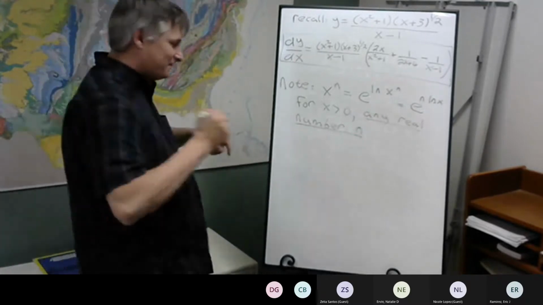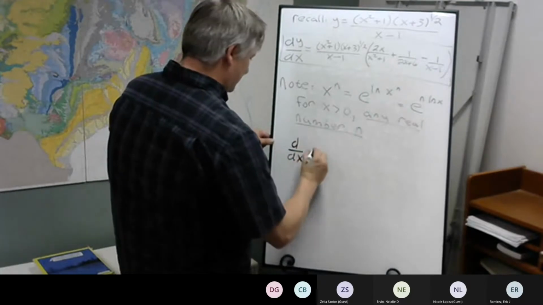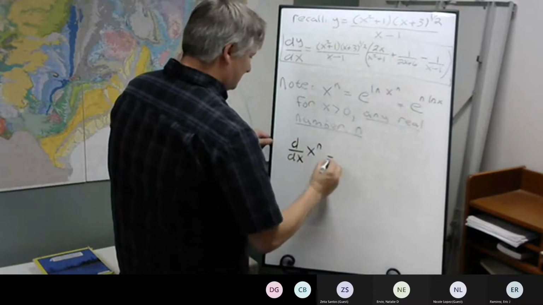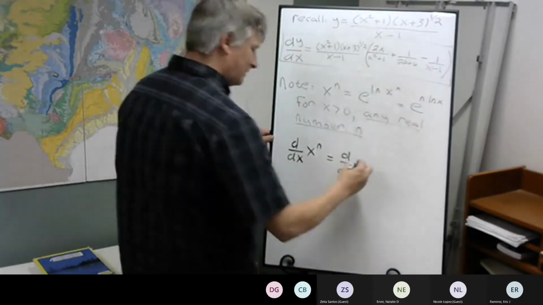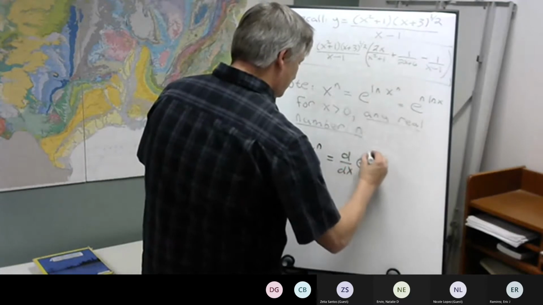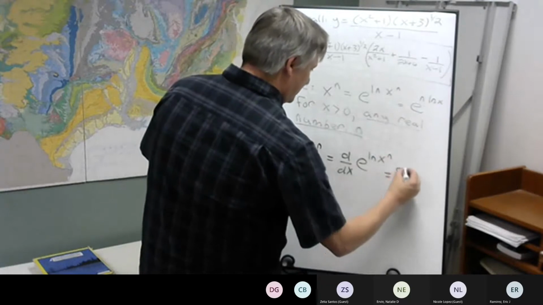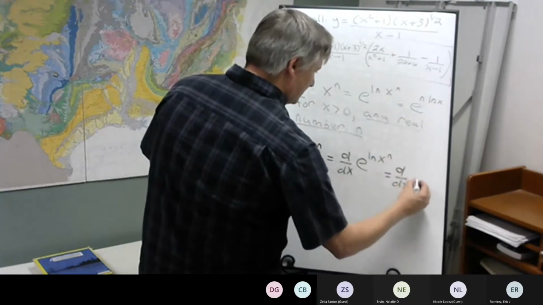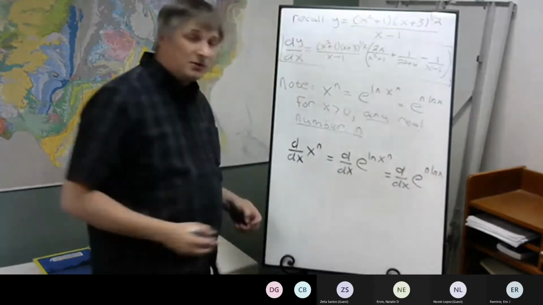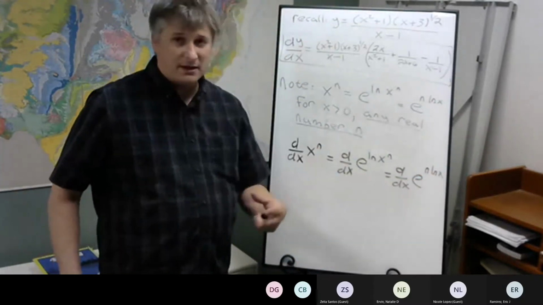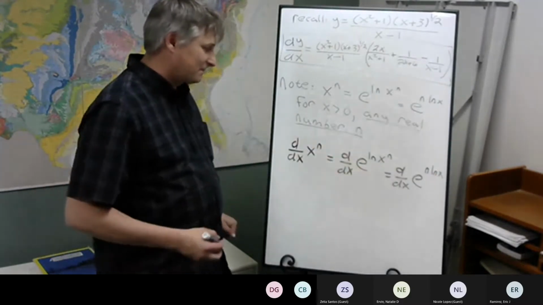So what we'll do, d dx of x to the n, will be d dx of e to the natural log of x to the n, or d dx of e to the n ln of x. And again, ultimately, you're going to be taking the derivative of ln of x through the chain rule, and we know what that derivative is.